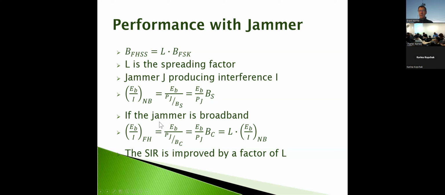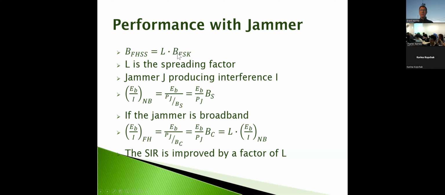Now let's consider spread spectrum and try to make our jammer broadband. Instead of just being a narrowband jammer, we're going to make it cover the whole band over which this system is spread and frequency hopping. We start with the same concept, but now the difference is that we're dividing by this chipped bandwidth, the bandwidth of the system after it's been spread.